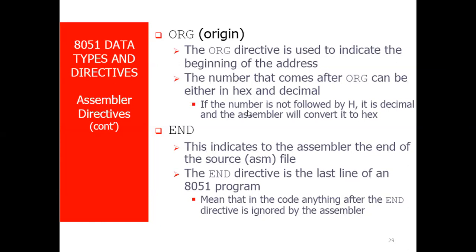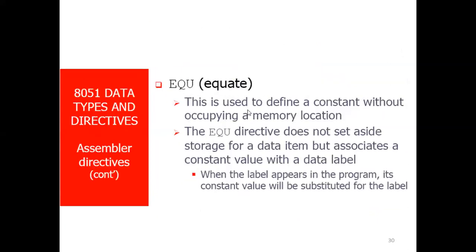This directive indicates to the assembler the end of the program or end of the source file, that is the .asm assembly file, and the END directive is the last line. Anything written after the END directive is ignored by the assembler, and that instruction will not be executed anyhow.